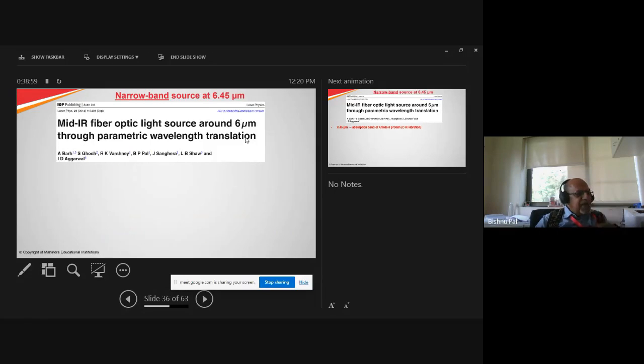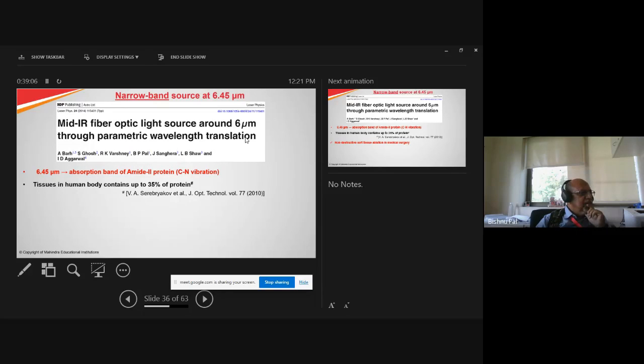We did similar ideas on different structures. One around 6 micrometer we did, so we'll not go into those details. 6.45 micrometer, as I mentioned, is important for biomedical applications. Tissues in the human body apparently contain about 35% protein, and so strong absorption is at around 6 micrometers.